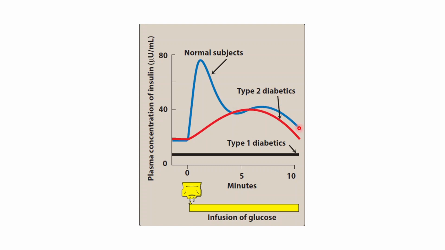This is a basal insulin secretion that is always synthesized despite taking the meal. Type 2 patients have some basal secretion, but they don't have postprandial secretion. That is why they are required to take the medicines.